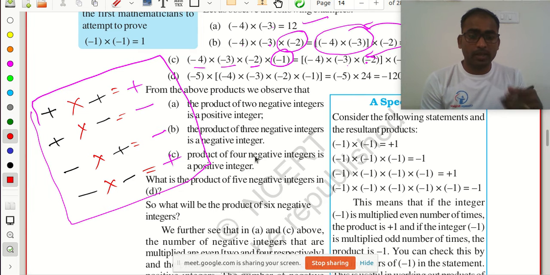Then, if I multiply 6 negative integers, then what happens? Which result will I get, positive or negative? Kirtana? Quick. Prabhu?